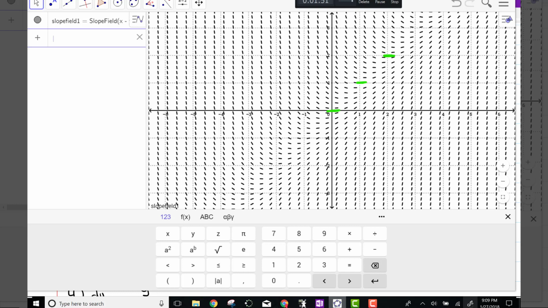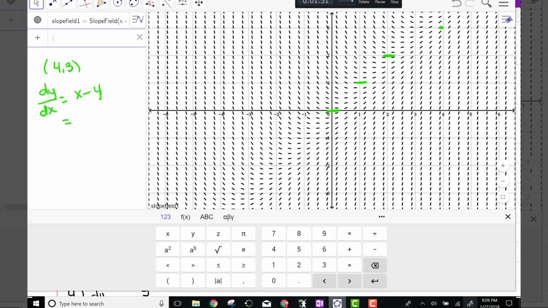The reason this looks all kinds of weird is if, for example, say I plot (4, 3). I'm going to plot this point right here. So I'm going to use the point (4, 3), and dy/dx is equal to x minus y.